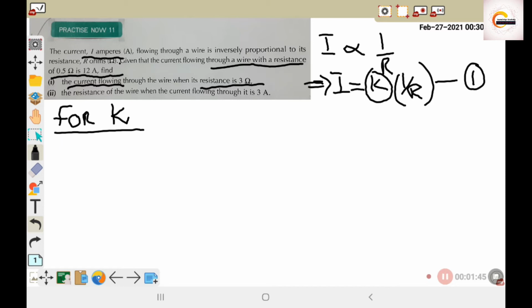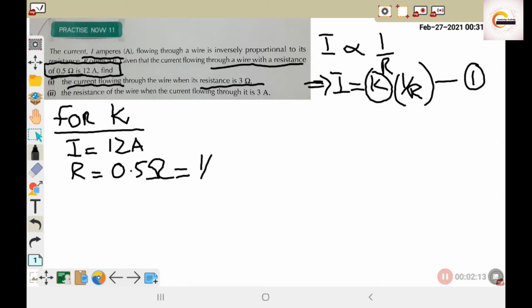And to find out the value of K, we are going to use these values: 0.5 ohms and 12 ampere. So I is equal to 12 ampere and R is equal to 0.5 ohms, and I am going to write this 0.5 as 1 upon 2. I've told you writing in fraction will make our calculation easy.